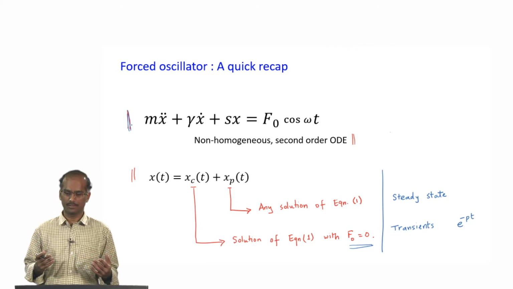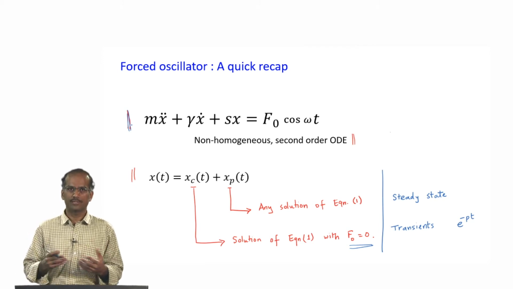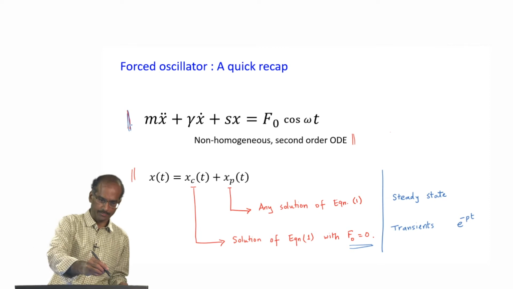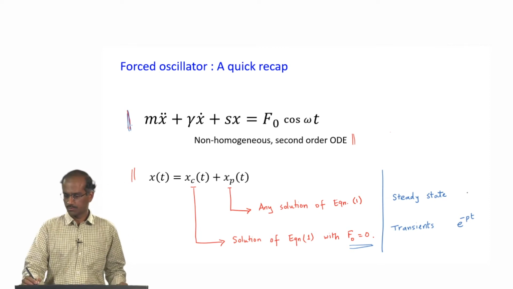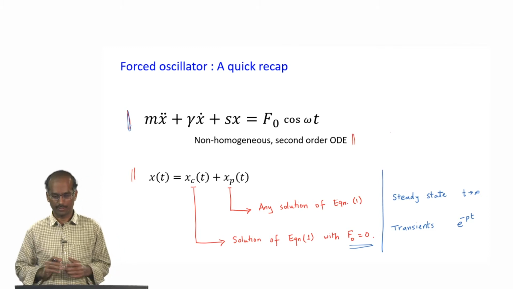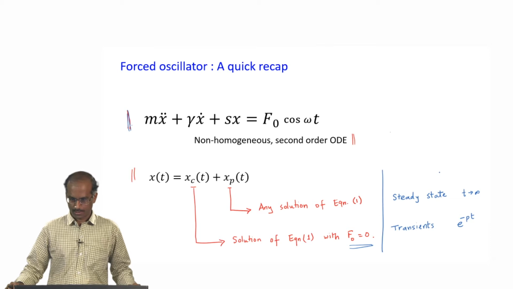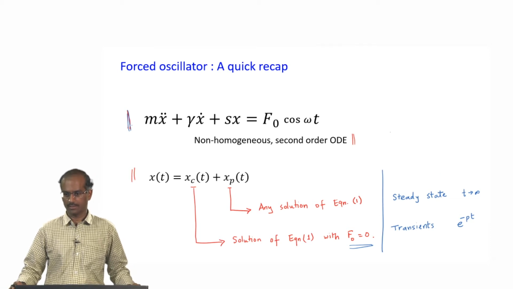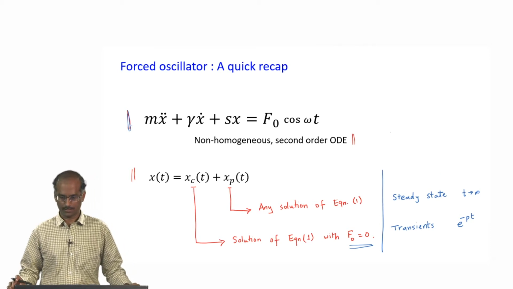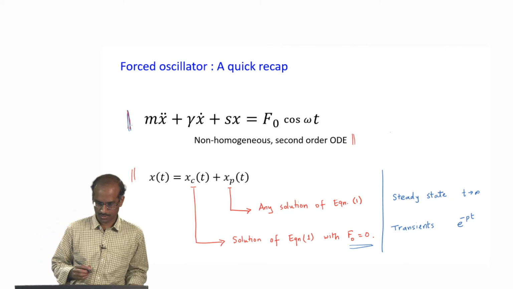So, you are interested in the solution which lasts for infinite times. So, steady state is what you would reach as time tends to infinity. As far as we are concerned, we are interested in the steady state solution for this problem.